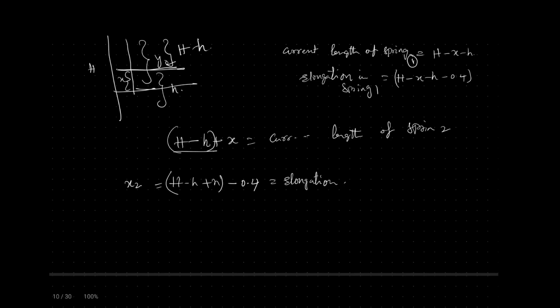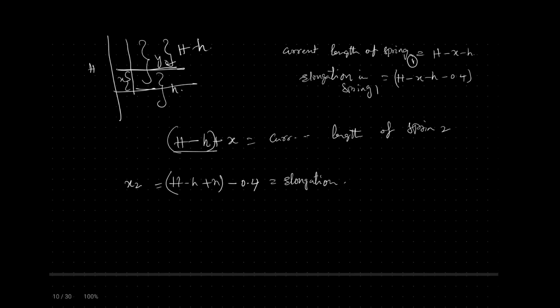So let's see, 25 into H minus h, we just have to keep the value of x here, because this is f1 and this is f2, and also f1 equals f2, and H minus h is nothing but 0.6 minus x. 25 into (0.6 minus 0.15) is f1, which is equal to 25 into 0.45.